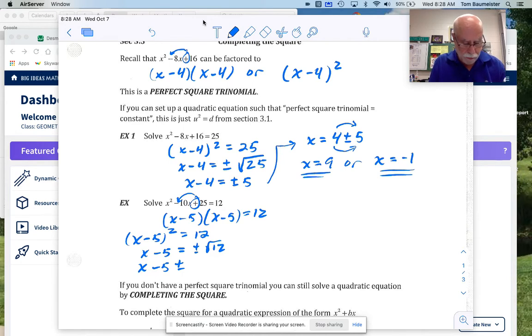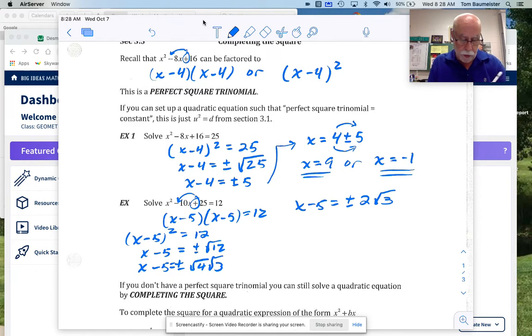We could write it as the square root of 4 times the square root of 3. So I'll get that x minus 5 is equal to plus or minus, the square root of 4 is 2, so 2 radical 3.